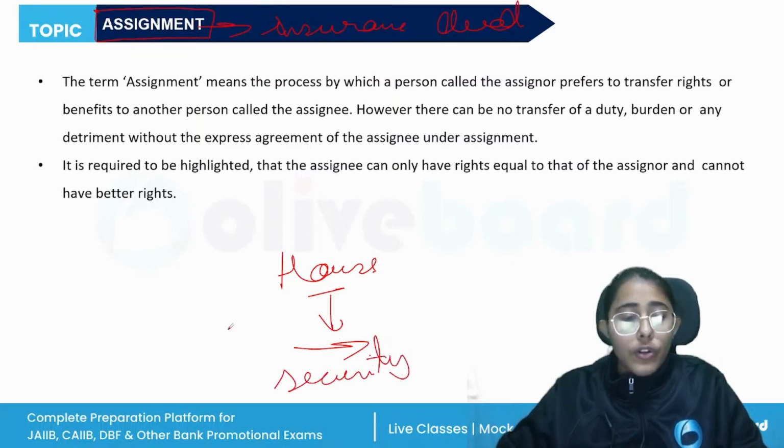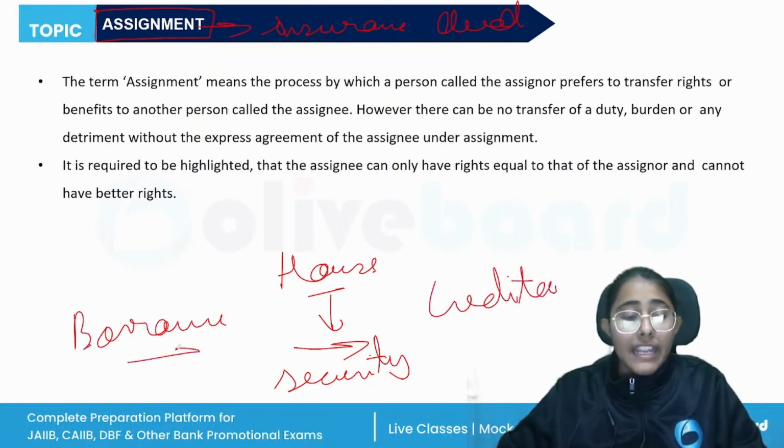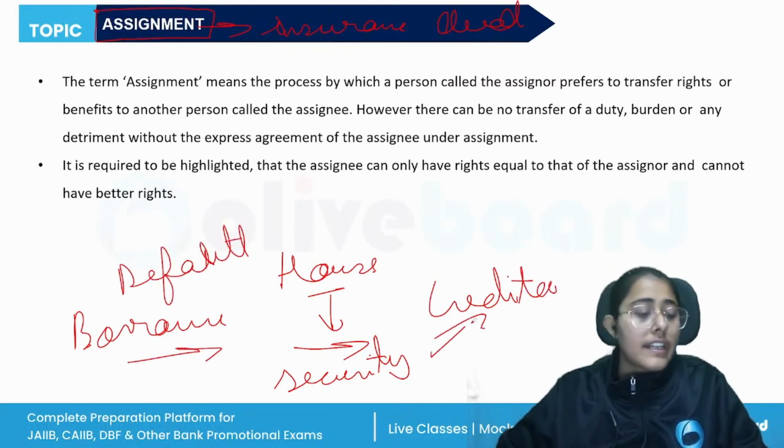Here the borrower and the creditor are there, and the borrower will say, if I fail to repay or there is a default in the payment, then the proceeds can be generated from the insurance company or the insurance paper or contract.